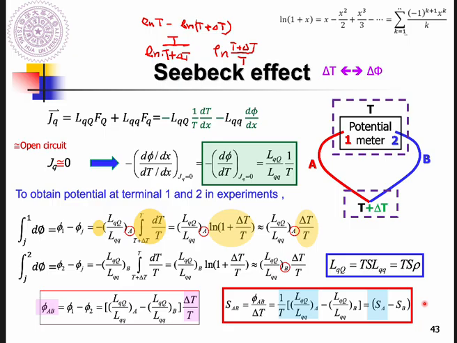How to do that? What type of material should I choose for A and B? If I have positive and positive, or positive and negative, or negative and negative, how can I have the largest S_AB?